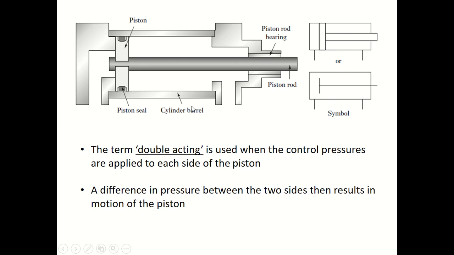The difference in pressure between the two sides results in the motion of the piston. So that is the difference between a double acting cylinder and a single acting cylinder.